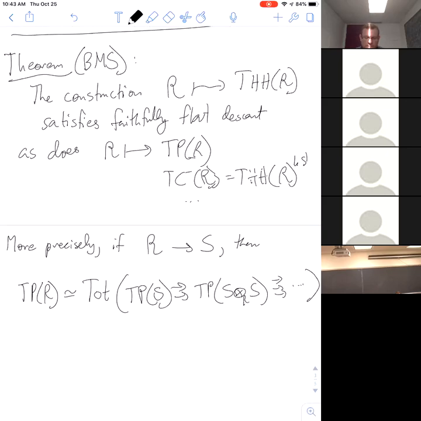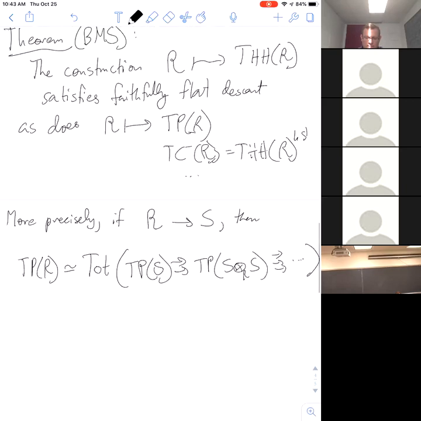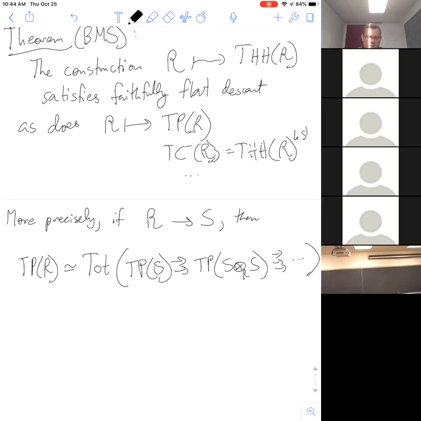And the claim is that it converges to TP of R. So TP of R is the totalization of this big cosimplicial object. So if you know TP of S and if you know TP of all these relative tensor products, then maybe up to a spectral sequence, you know TP of R.